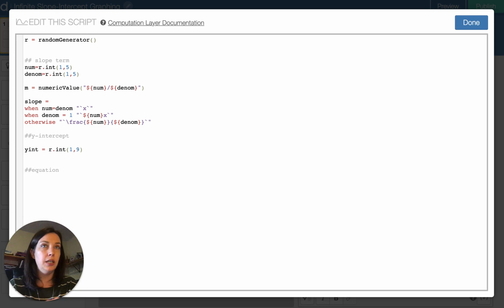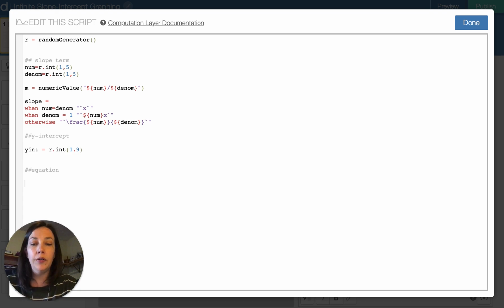For the equation, there's 4 situations we would have with the signs. One would be where the slope and the y-intercept are positive. One where they're both negative. One where the slope's positive and the y-intercept is negative, and then the 4th option is the opposite. So I want it to randomly do that.